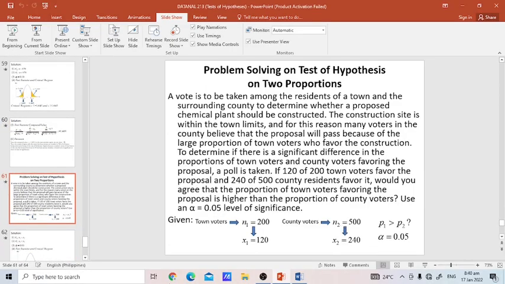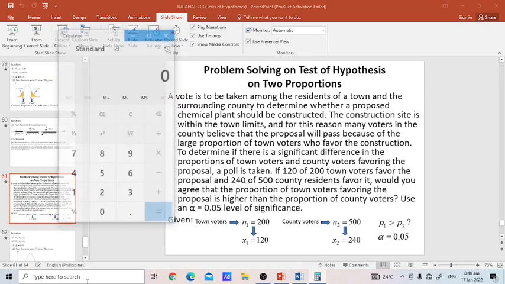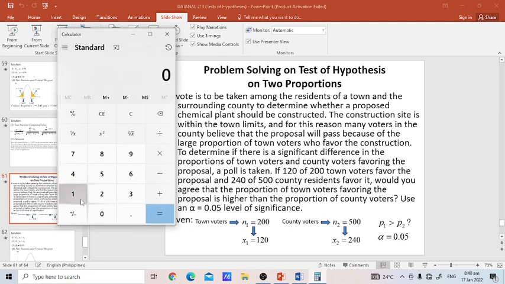So, with that, check nga natin what is 120 over 200. That is 60%. Okay? 60% para sa town voters.